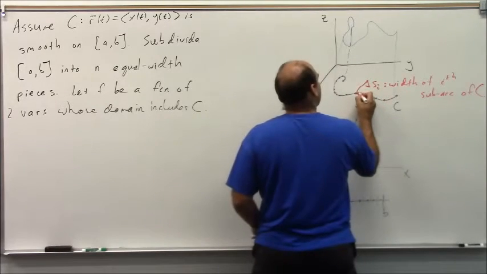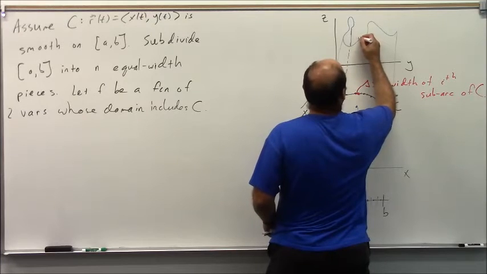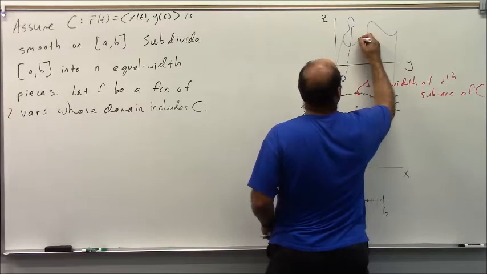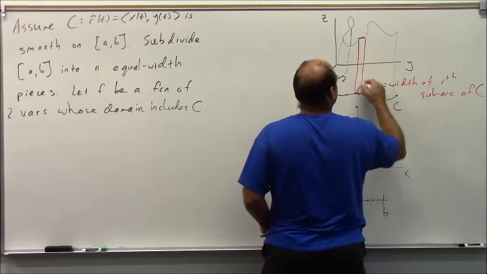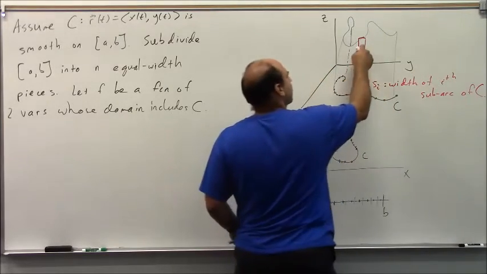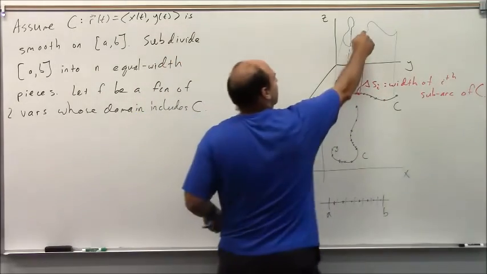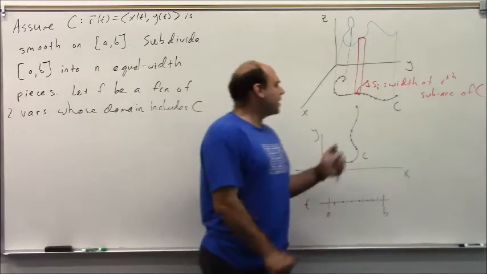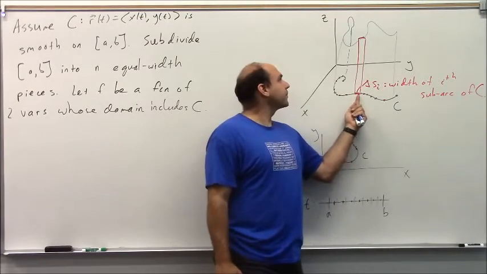So if I use this sample point here, I get this height, and I will choose a little, not quite rectangle, but a little piece of my shower curtain that has a constant height on top, where that constant height is determined by the value of f at this sample point here.